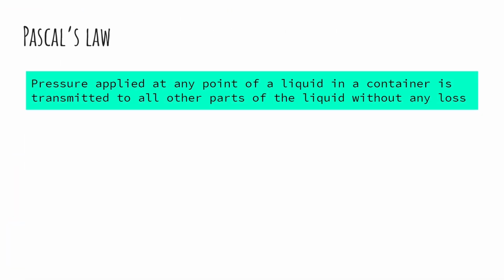Let's see Pascal's law. Pressure applied at any point of the liquid in a container, usually a closed container, is transmitted to all other parts of the liquid without any loss.